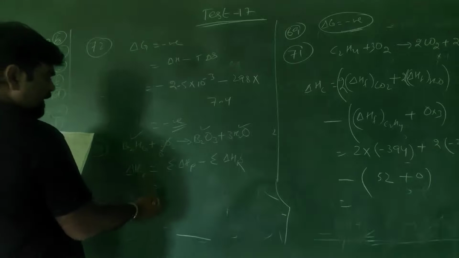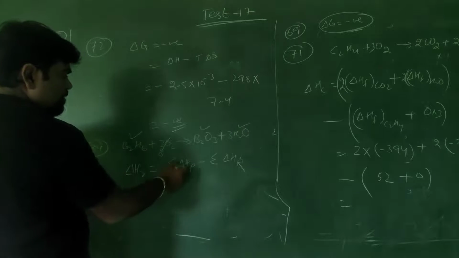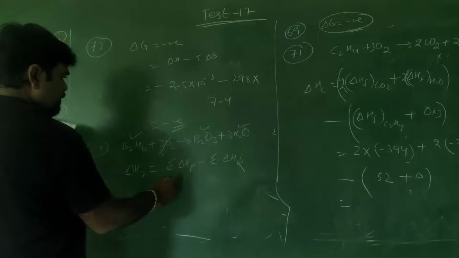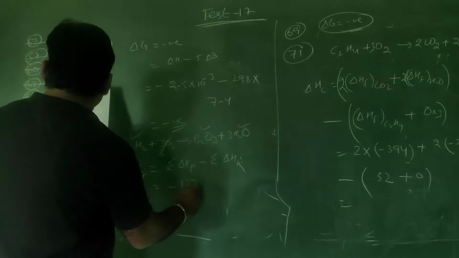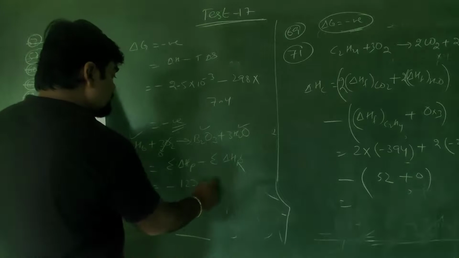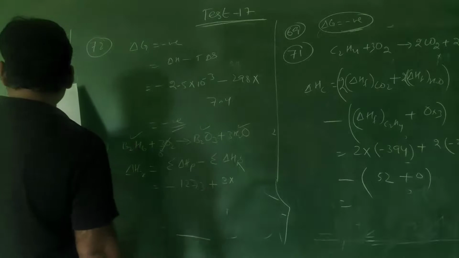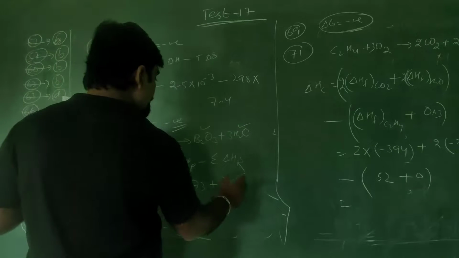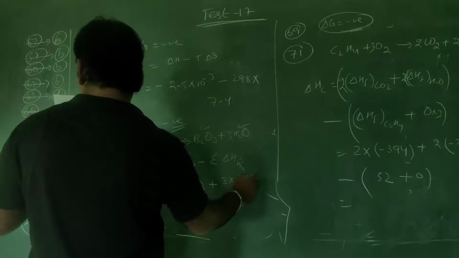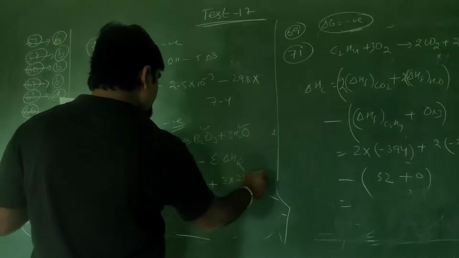So this we need to calculate. Summation of enthalpy of formation of B2O3 is given, which is minus 1273, plus 3 times the enthalpy of formation of water, and the enthalpy of formation of water is given as minus 241.8 kilojoule.